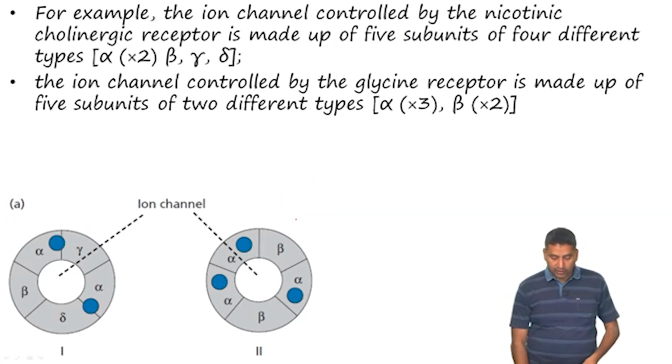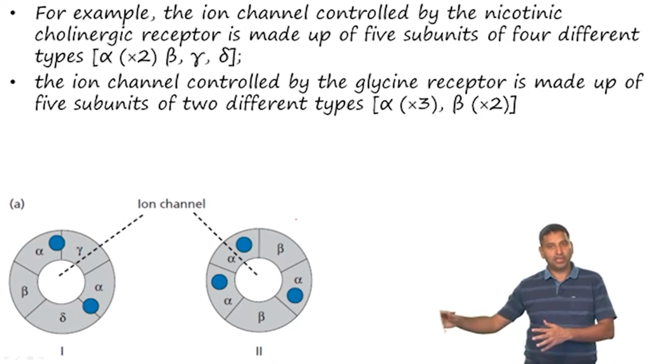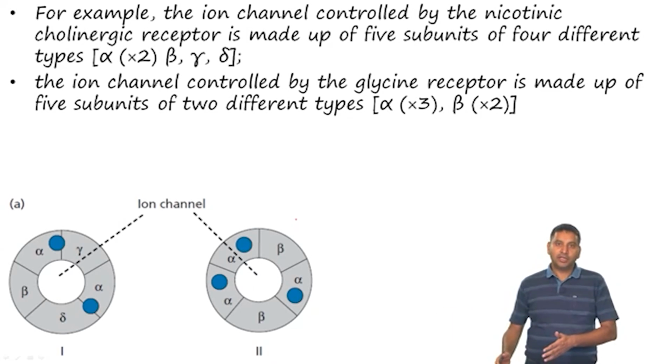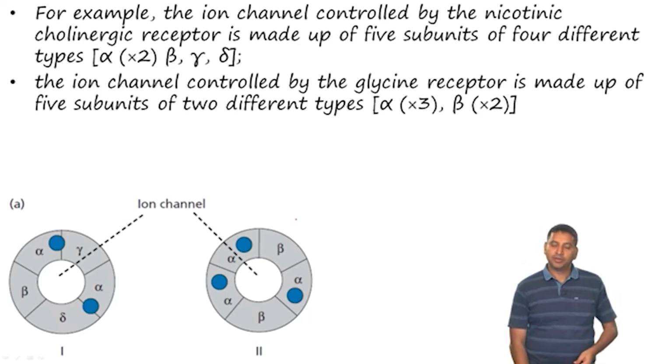For example, the nicotinic cholinergic receptor has 2 alpha subunits, 1 beta subunit, 1 gamma subunit and 1 delta subunit, whereas the glycine receptor ion channel is made up of 3 alpha subunits and 2 beta subunits.